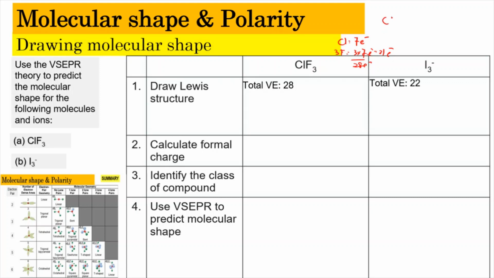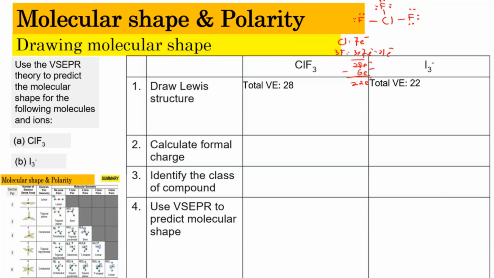So Cl is bonded with 3 fluorine, minus 6 electrons, so we're going to have 22 electrons. And then the 22 electrons are used to complete the octet at the terminal. So 1, 2, 3, 4, 5, 6. 1, 2, 3, 4, 5, 6.